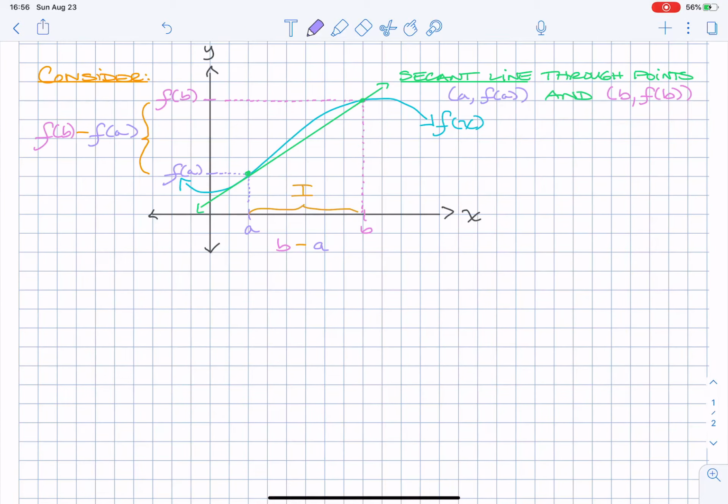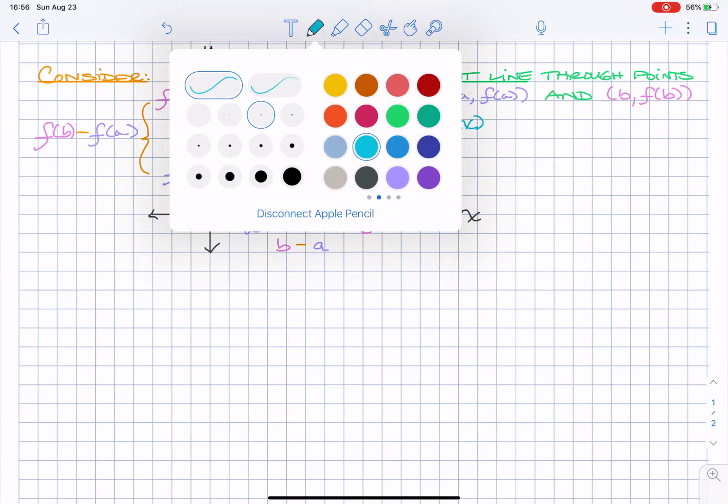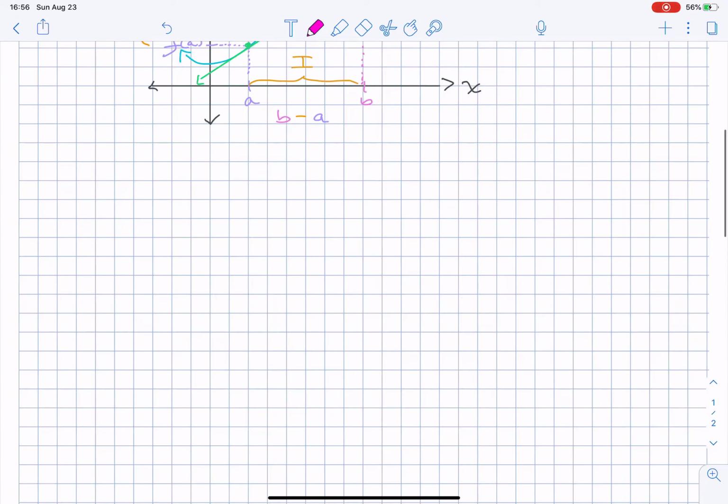So notice that the slope m of the secant line, which is green, is the rise over the run, right?